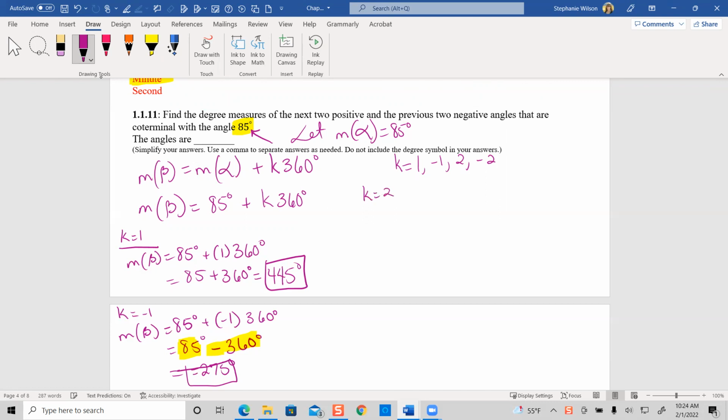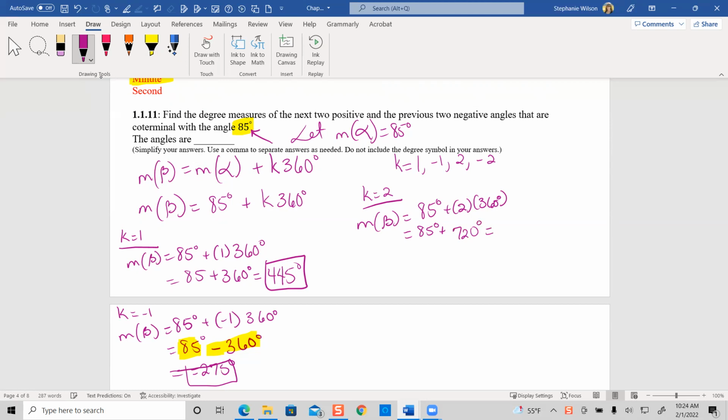Now let's plug in when K is 2. So we'll get the measure of beta is equal to 85 degrees plus 2 times that 360 degrees. So let's go ahead and multiply this out because we have to multiply first before we add. And when we do that, we get, let's see, 2 times 0, 2 times 6 is 12, carry the 1, 720 degrees.